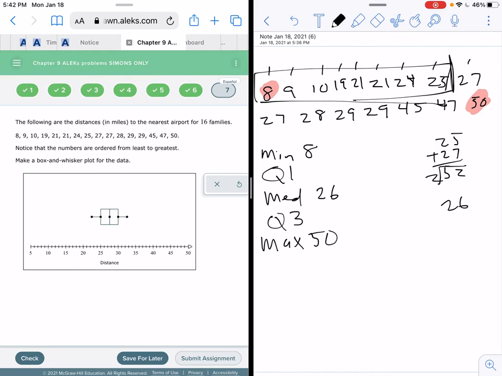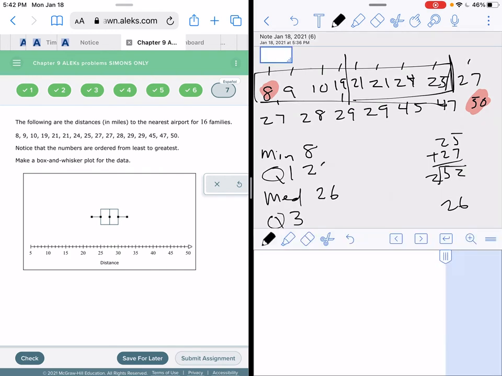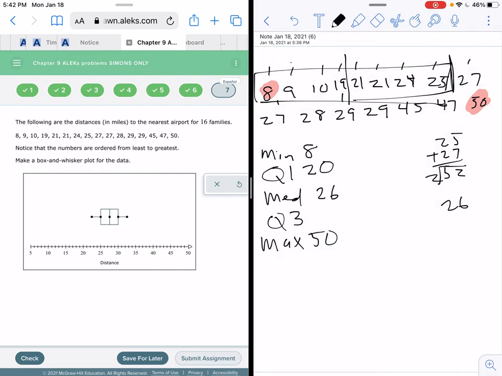I realize I have eight numbers here, so divide 8 by 2 and you go in 4, and that puts me right there. So it's going to be between 19 and 21. So rather than adding it up and finding the average, just reason it out. What number is halfway between 19 and 21? Well, 20. Right? And see how easy that is?